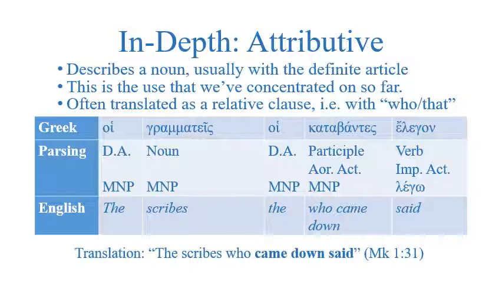Remember, this is a Greek use where we repeat the definite article to show that we're still talking about the same noun. When we translate the attributive, we often use a relative clause: who when we're talking about people, that when we're talking about things. In this case, hoi grammateis hoi katabantes is the scribes who came down, or the scribes who went down.